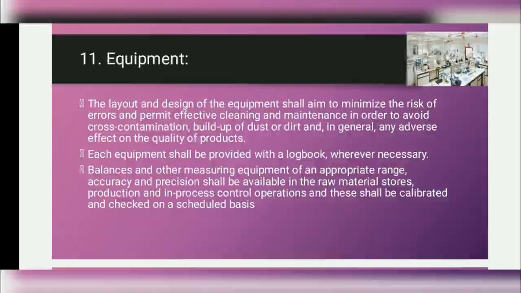Each equipment should be provided with a logbook. Next point is balances and other measuring equipment of an appropriate range, accuracy and precision must be available in the raw material stores, production and in-process control operations, and these must be calibrated and checked on a scheduled basis.